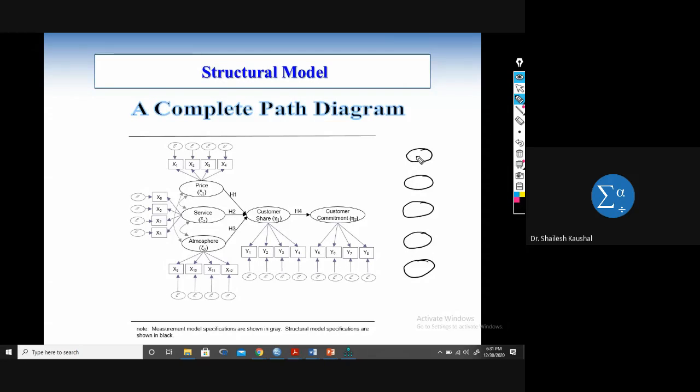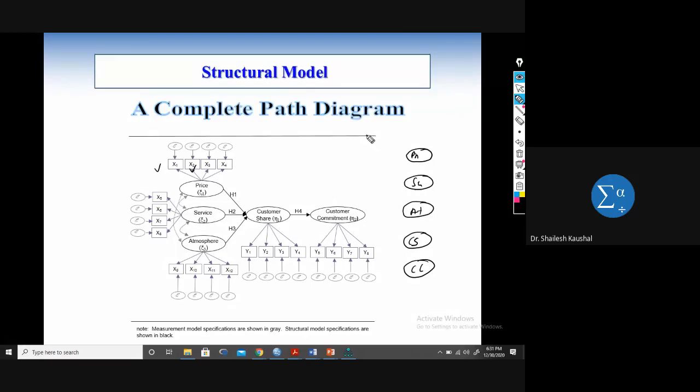Every latent variable, these are the latent variables basically: price, service, atmosphere, customer share and customer commitment. Each has four questions, meaning x1, x2, x3, x4.